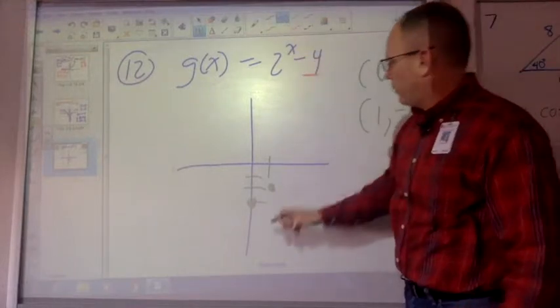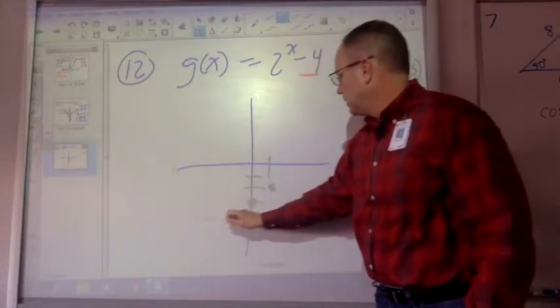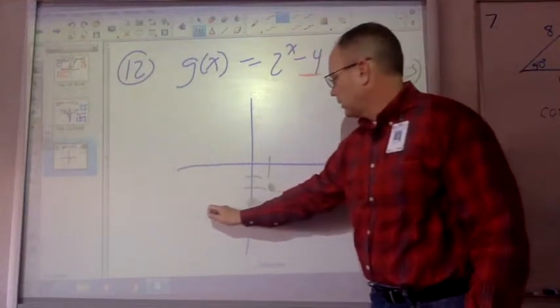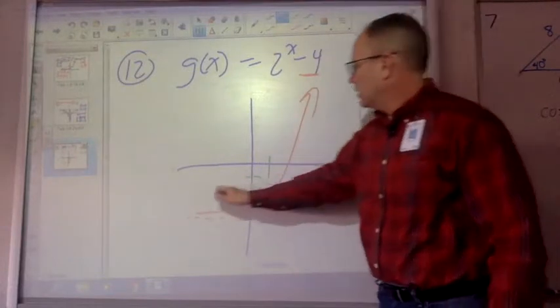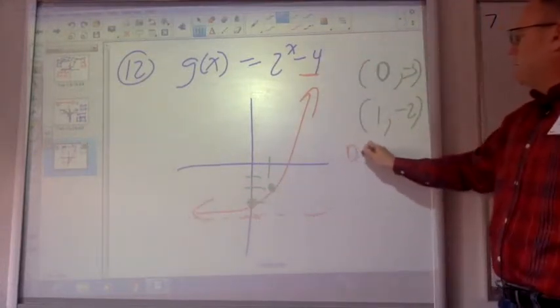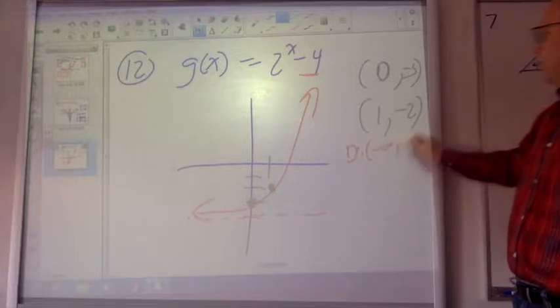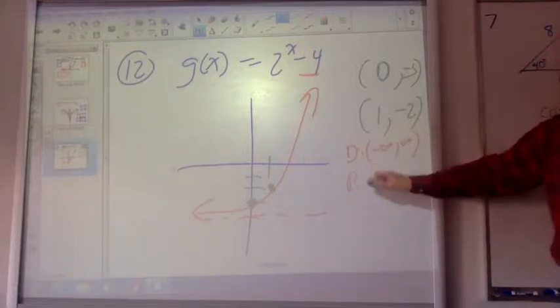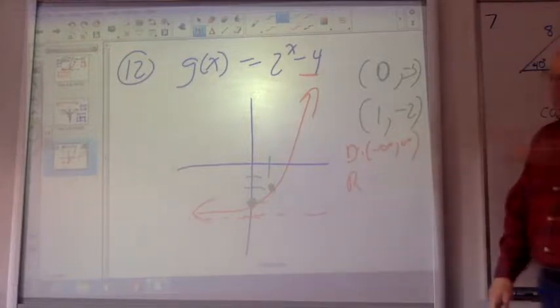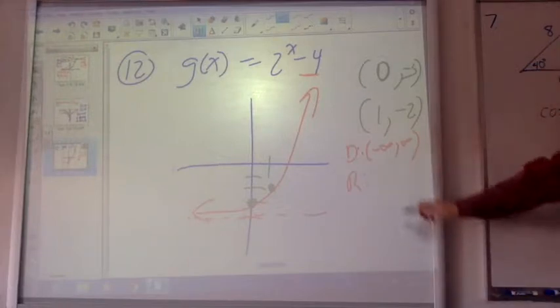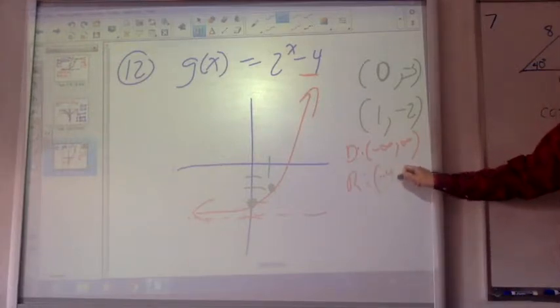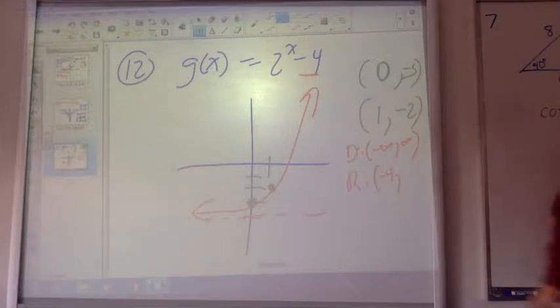I have that -4, so down here. So this looks like this. The domain is always going to be negative infinity to positive infinity. The range: if I go to the left, I am approaching -4, so I'm coming from -4. As I go to the right, I'm going to infinity.